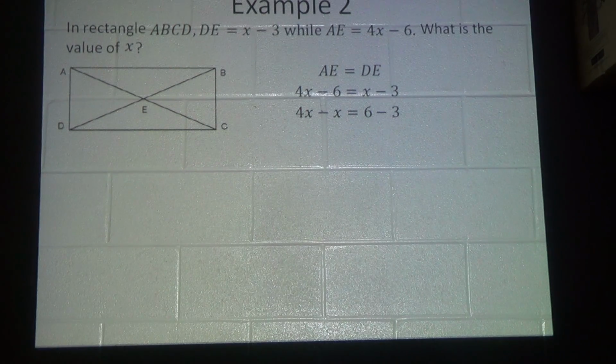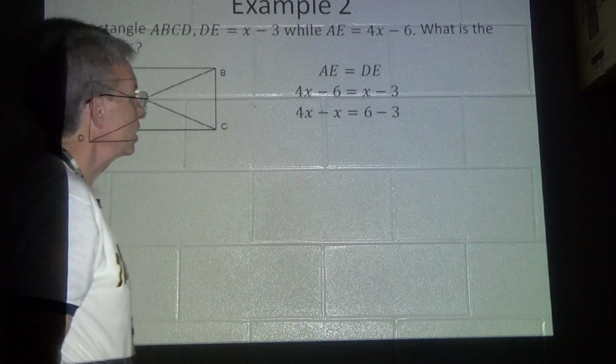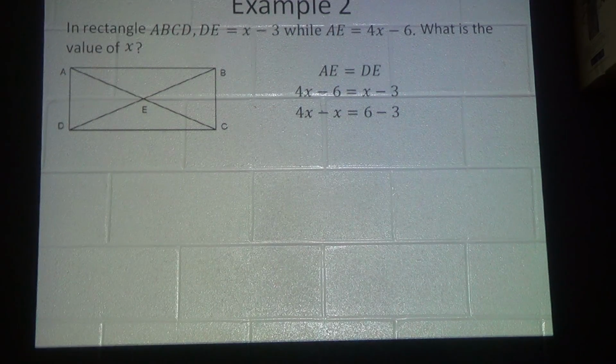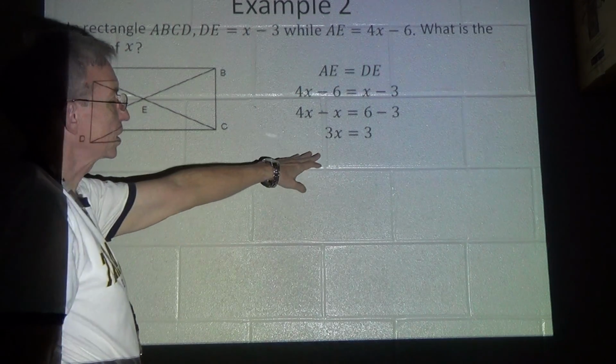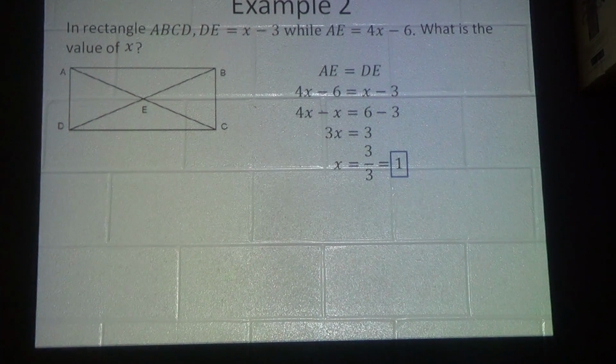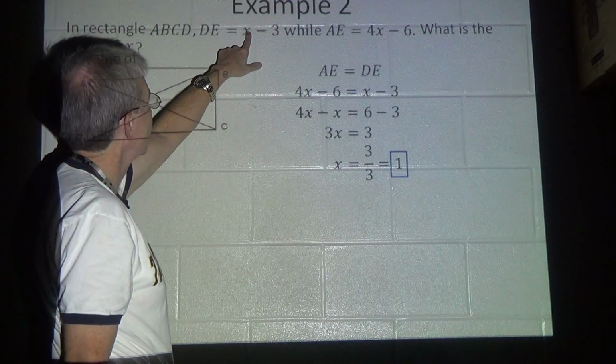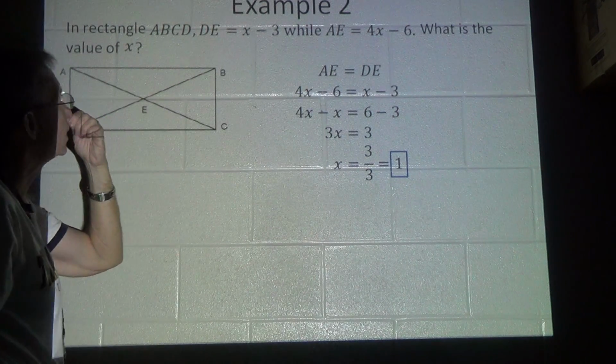Solve this for x by subtracting x from both sides and adding the 6 to both sides. That gives us 3x equals 6 minus 3. So this gives us 3x equals 3 when we simplify. Divide this out, and x is equal to 3 divided by 3, or 1. Okay, so x is 1. If we wanted to know the length of this, all we have to do is take the 1 and plug it back in. 1 minus 3 is what?